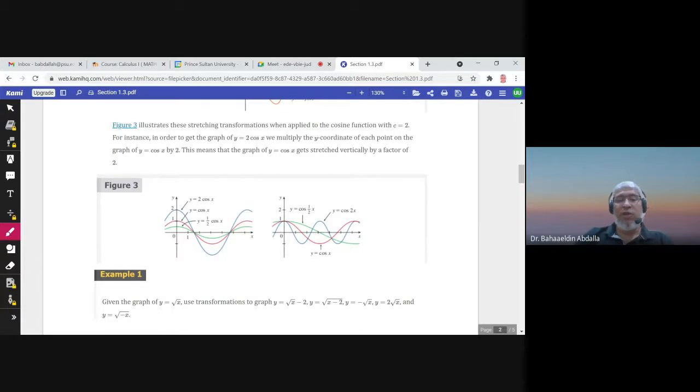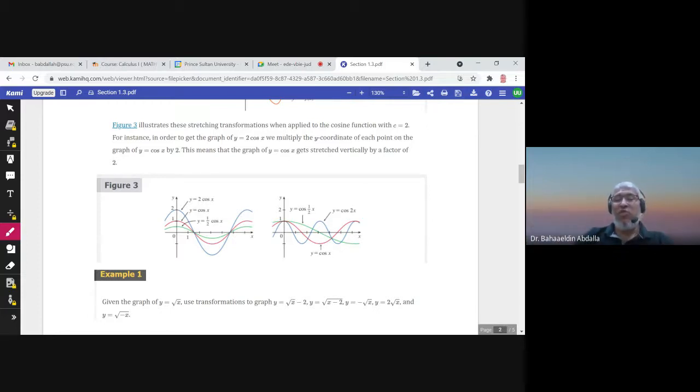Look at the graph of cosine x. The original cosine is with red. If you multiply outside by 2, this is vertical stretching. If you multiply by half, this is vertical shrinking. Now, look here again at cosine. It is with red. Now, if you multiply inside by 2, you will have horizontal shrinking.